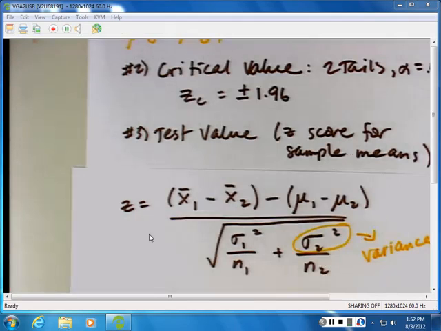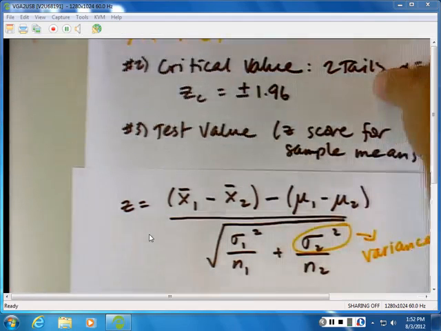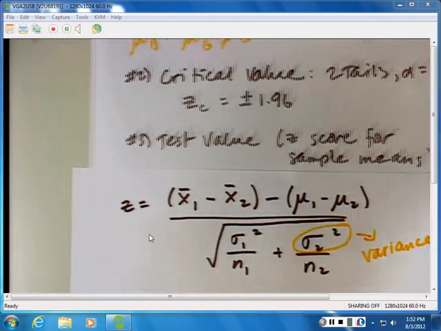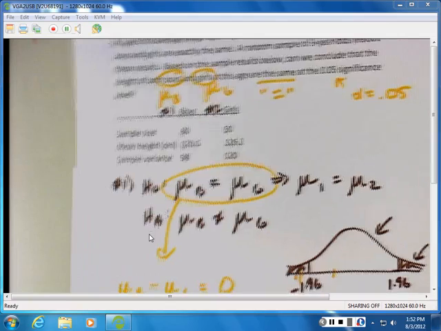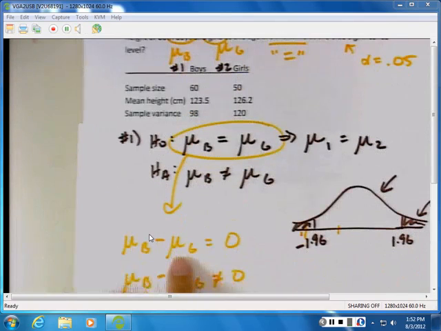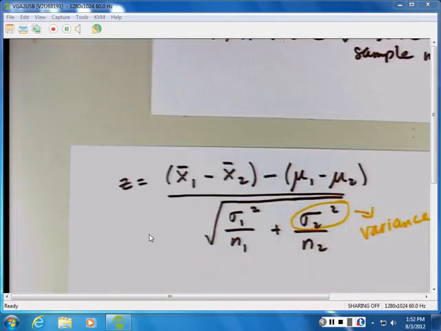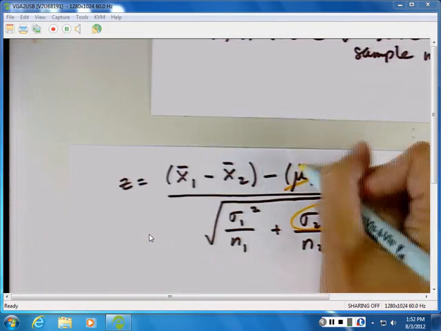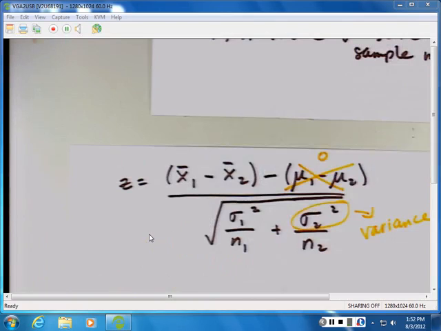This is the formula, and I want to show you what we have up above. As I look up above, remember that null hypothesis? That null hypothesis means that the difference equals 0. So when I look at this formula, this always is 0.